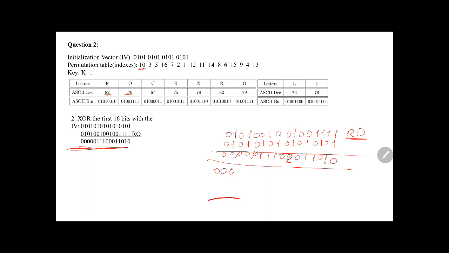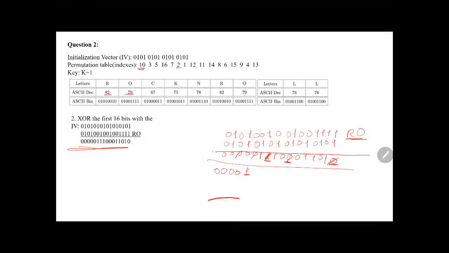And then 16, which is the last 0, and I will cross it out and take it here. And then 7, which is this one, I will cross it and take it here. And then 2, which is this one, I'll cross it and take it here.